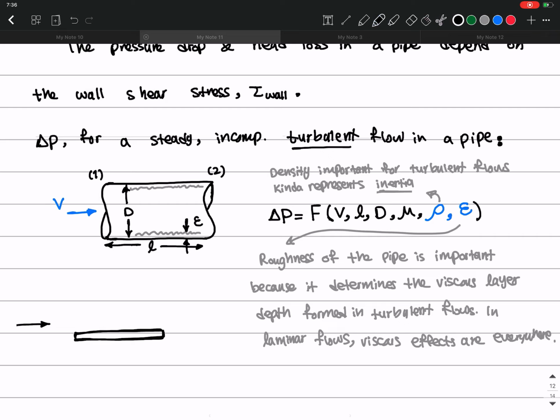If your velocity is low, then viscous effects are going to be very important across, say, a channel rather than a pipe.